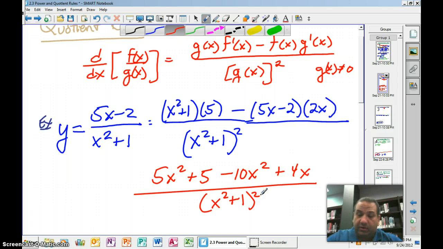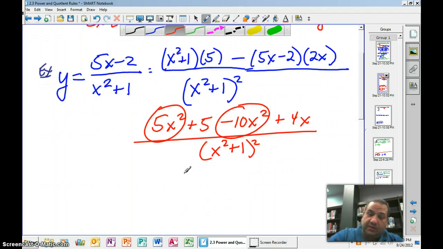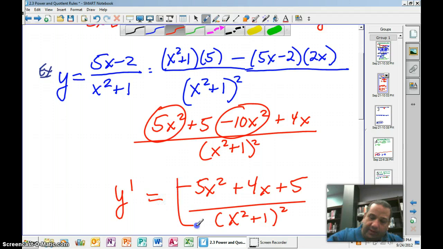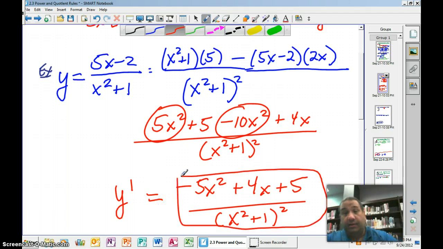We'll combine some like terms. The only like terms we have are here, and my answer to this is going to be negative 5x squared plus 4x plus 5 all over the quantity x squared plus 1 squared. That is y prime. That is my answer, and that is the quotient rule, folks. It's easy as that.